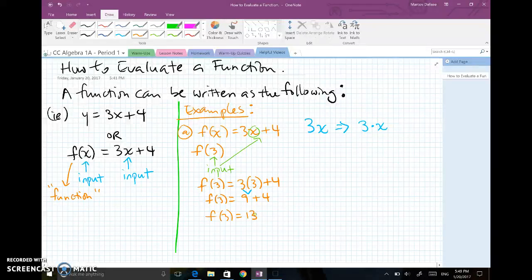Now, I can summarize this in a conclusion by taking my input and output and saying the following.